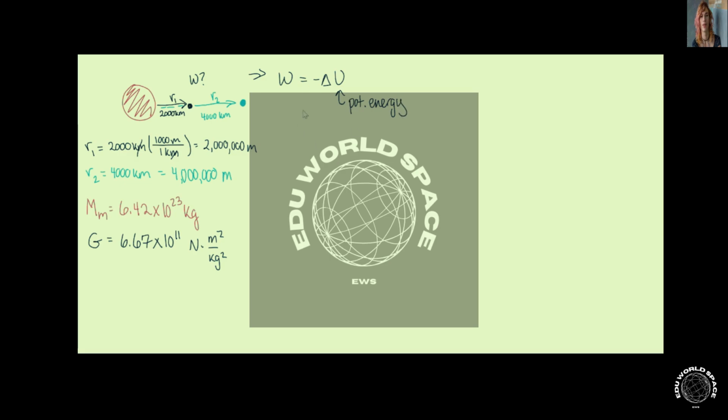The equation for gravitational potential energy, once again derived from Newton's law of gravitation, is going to be negative G, our gravitational constant, times the mass of the planet, here the mass of Mars, multiplied with the mass of your object, in this case our rocket, over the distance that it's at. So we have two distances, so we're going to have to do this twice.